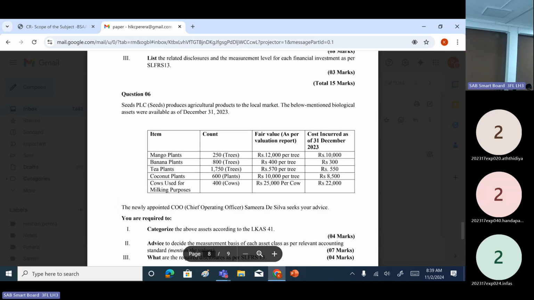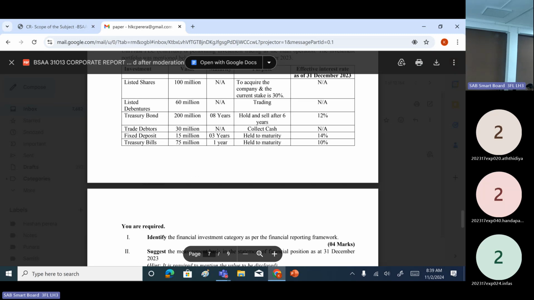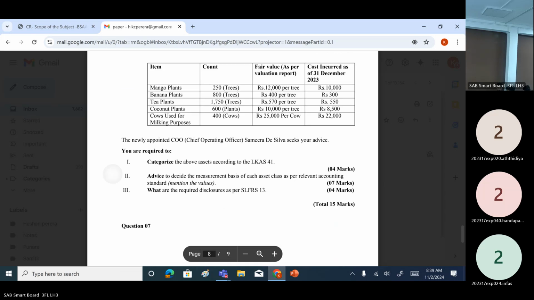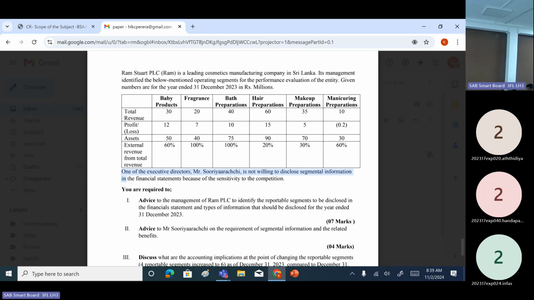That may be related to this one, financial instrument valuation, syllabus 13, and then agricultural standard, IAS 41, right? This is related to segmental information, identification of reportable segment. In a company, we are having different segments, operating segments. Right? As an accountant, we should have the ability to identify reportable segments.